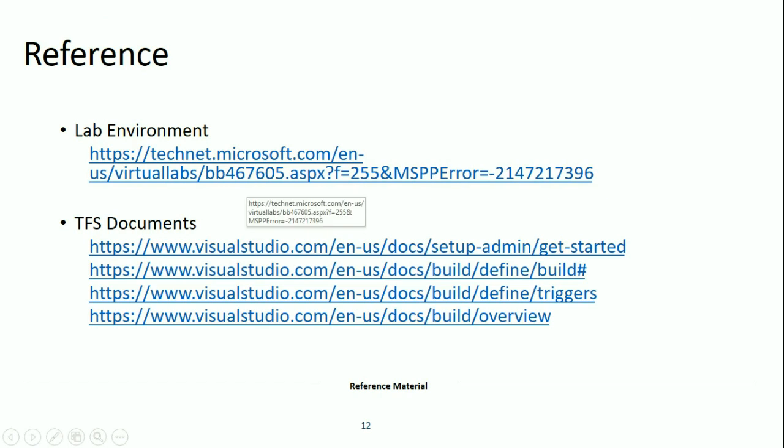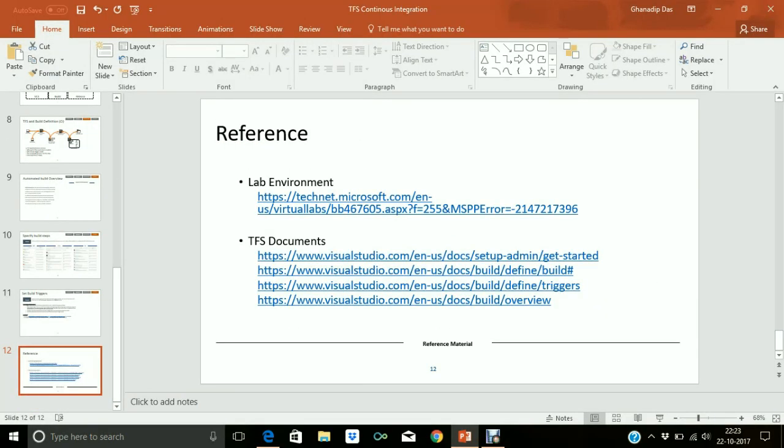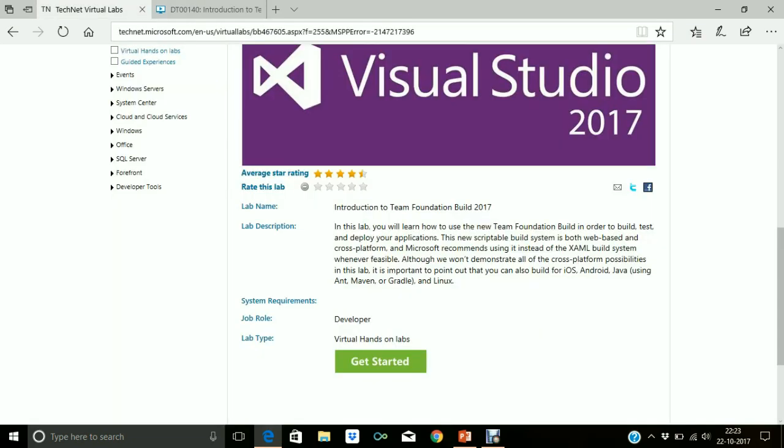This is a Microsoft link. If you click on this, it will take you to a Microsoft lab environment where you can get your own TFS already installed and configured, run it, and understand how it happens. So I'm going to use that. Give me a minute.